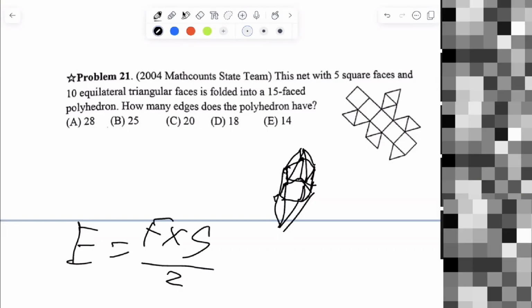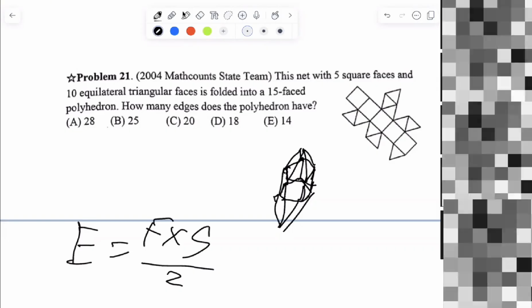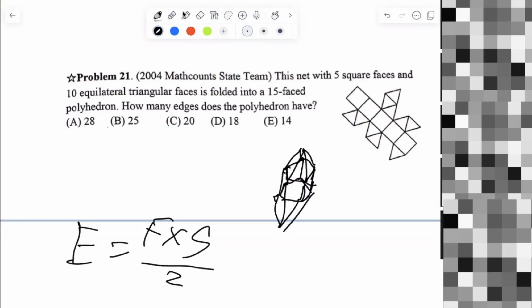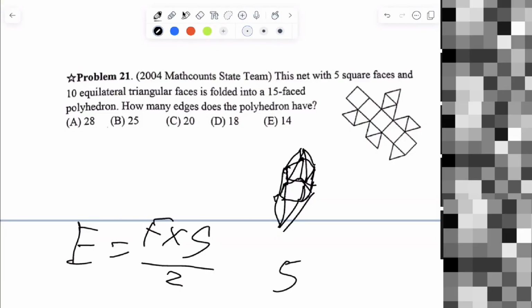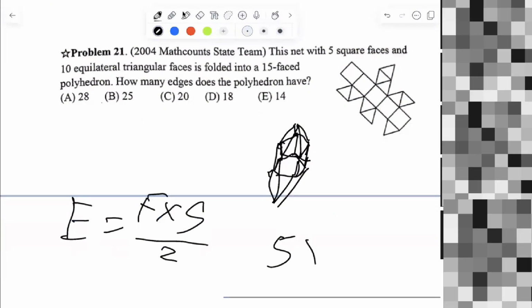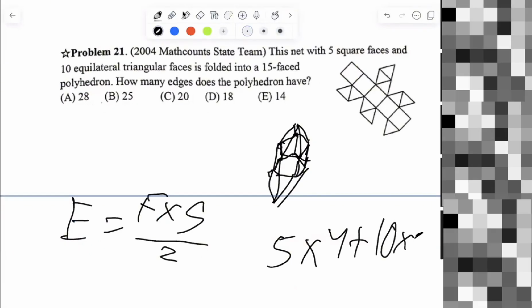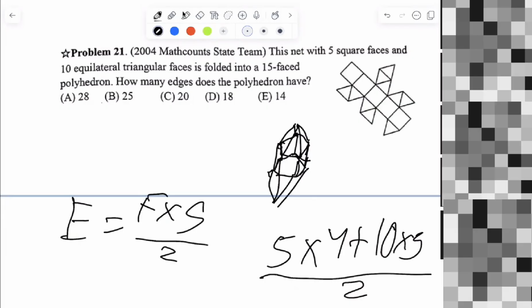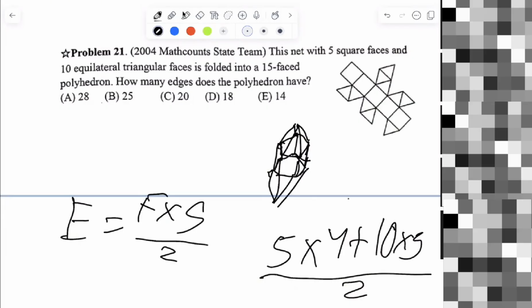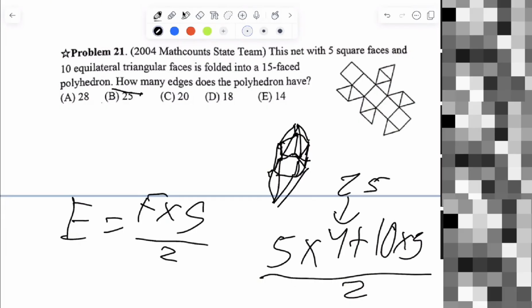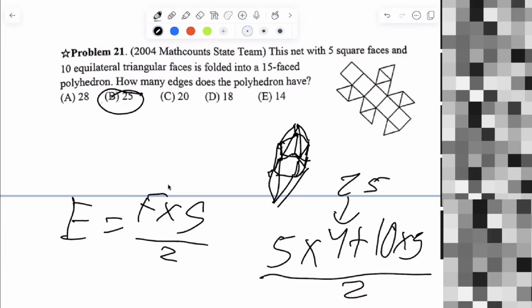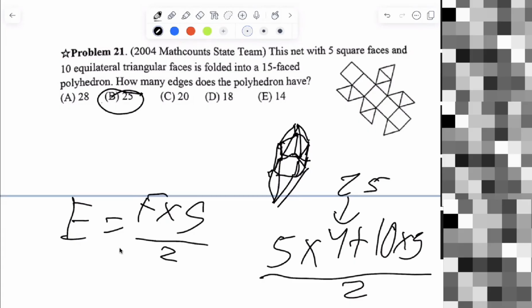So in this case, how many squares are there? There's 5 squares, and each has 4 sides, adding on to the 10 triangles with 3 sides each. Divide by 2. Doing all of this calculation gives you 25, or B. It's important to memorize or know how to derive these formulas, so it can help you anywhere.